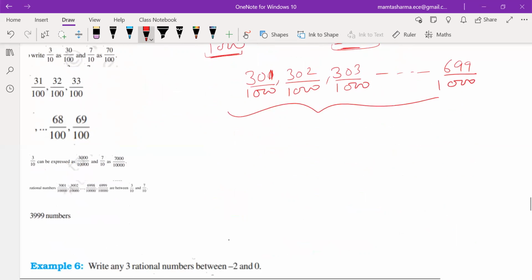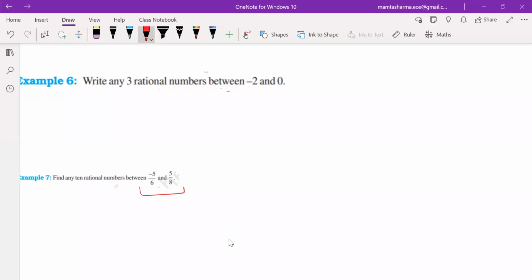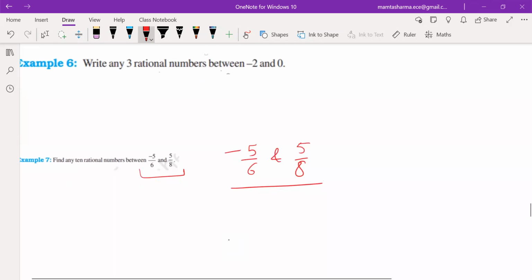Now let's quickly do one more question. Write down 10 rational numbers between minus 5 by 6 and 5 by 8. All of you, please practice it. Do it fast. First, we should take the LCM and equalize the denominators.